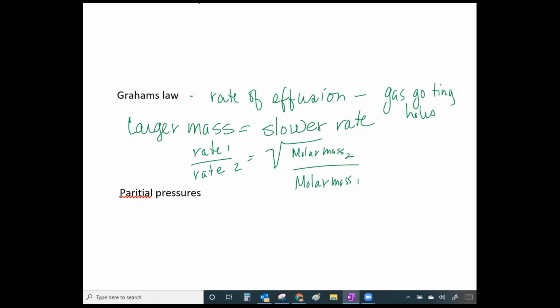All it says is which one of these four will go through the fastest, or which one of these four would go through the slowest. And the fastest would be the smallest mass. And the slowest would be the largest mass.